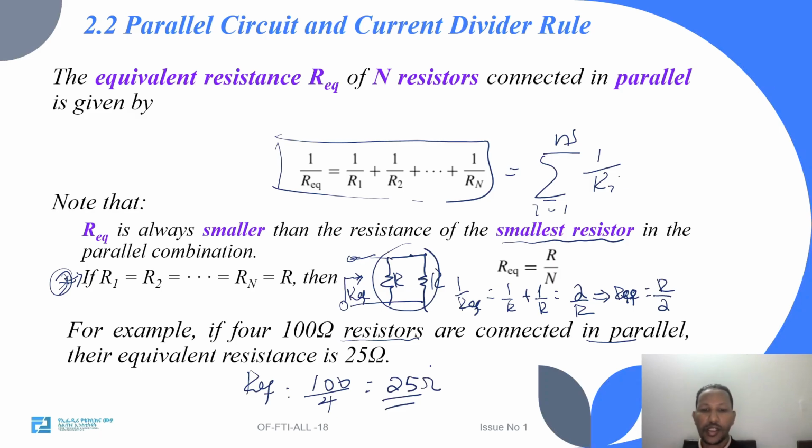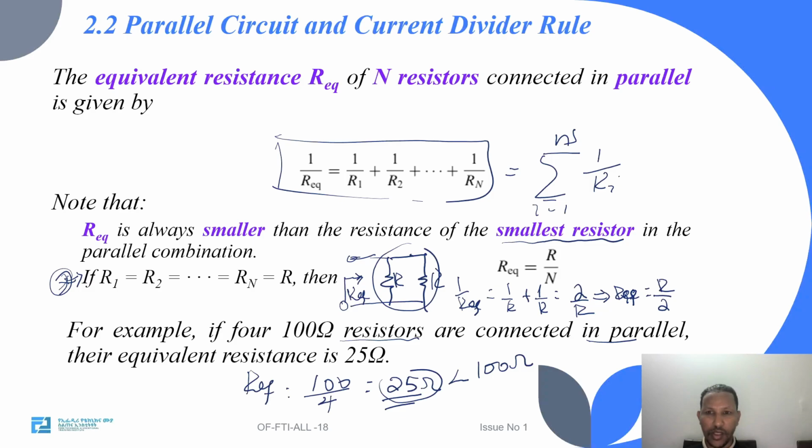As you can see, the equivalent resistance is less than the 100 ohm resistor, because 100 is the minimum value of the parallel connected resistors.